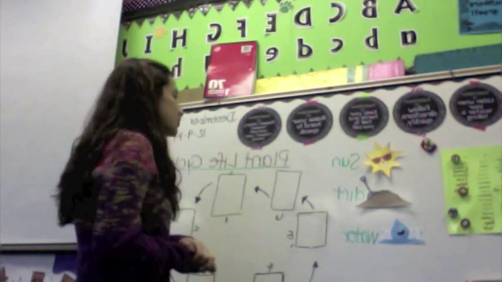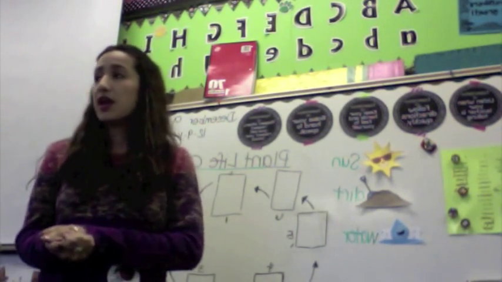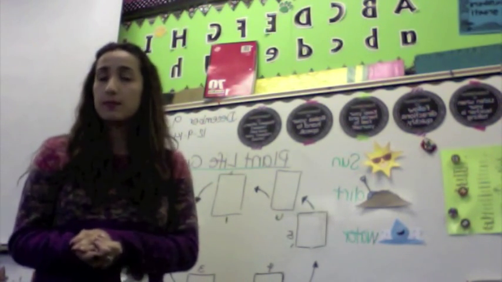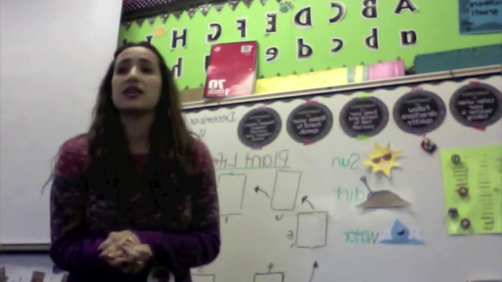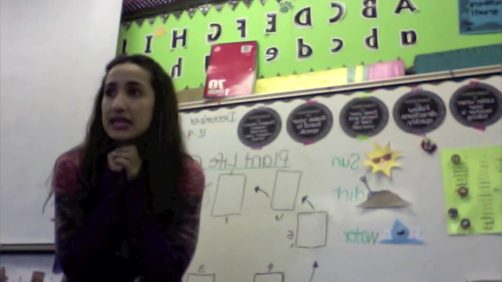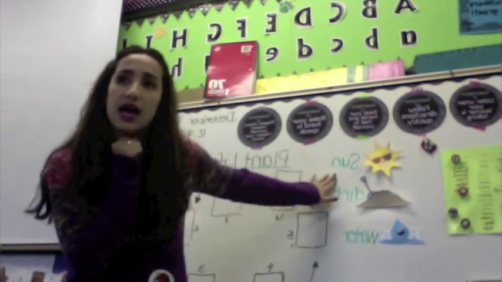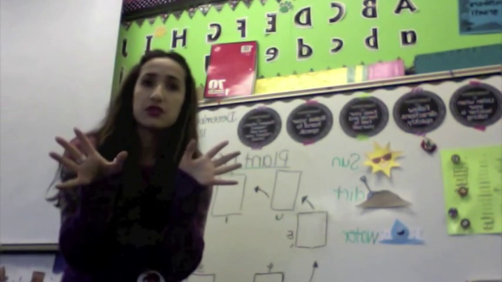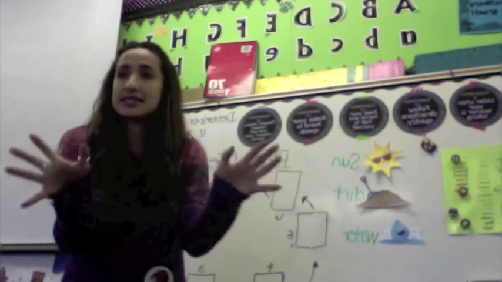So today, class, we are going to be reviewing the plant life cycle. And remember that we've been learning about the plant life cycle for a couple of days now. So just for a little bit of kinesthetic review, remember that a plant starts off as a baby seed, and then you add some water and some dirt and some sun, and then it grows roots, right? So after those roots, you continue to add lots of sunshine and water, and then those roots turn into a stem.